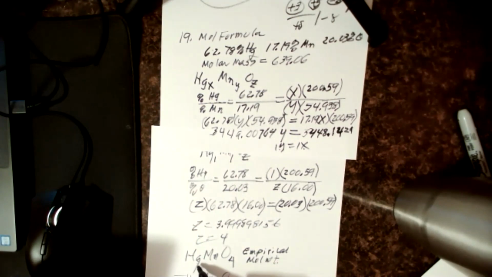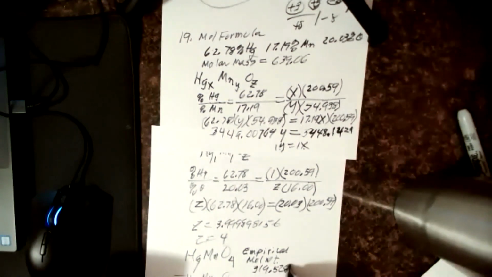So 200.59, 54.938, 4 times 16 is 319.528. Now, the problem's molecular weight that was given is 639.06. So if I take this number, 639.06, divide by this one.